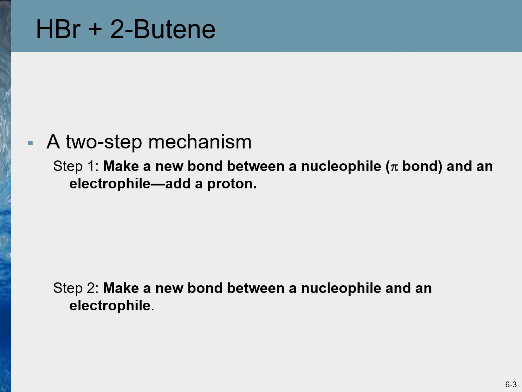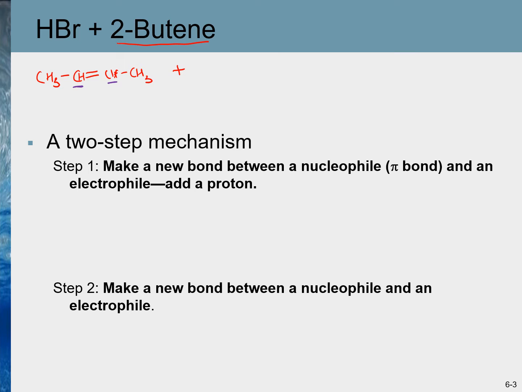For example, in case of 2-butene, if you look at the number of hydrogen atoms across the double bond, they are the same. So these kind of alkenes are known as symmetrical alkenes.